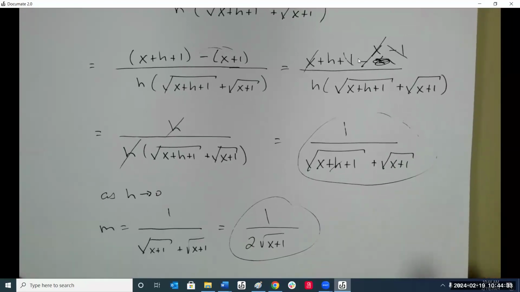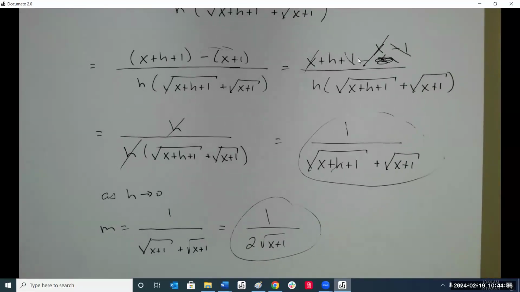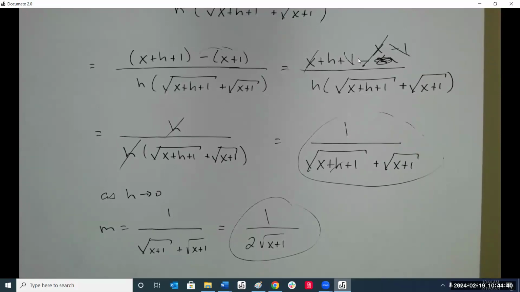Okay, so that's how you use the difference quotient to find the slope of a curve at any point.